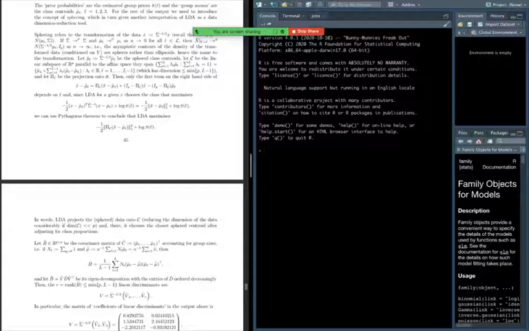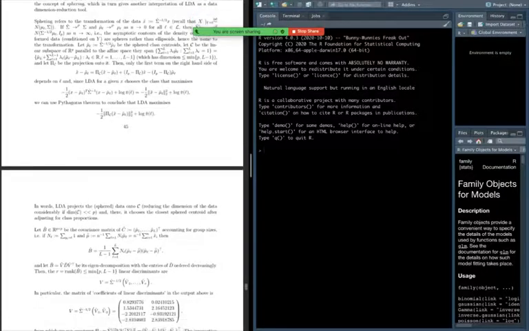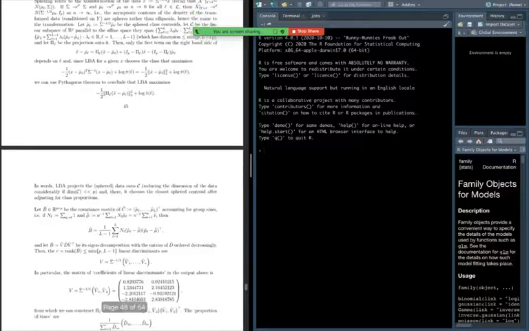By doing that, you can arrive at this last expression in page 45 that tells you that LDA will project the sphered data.